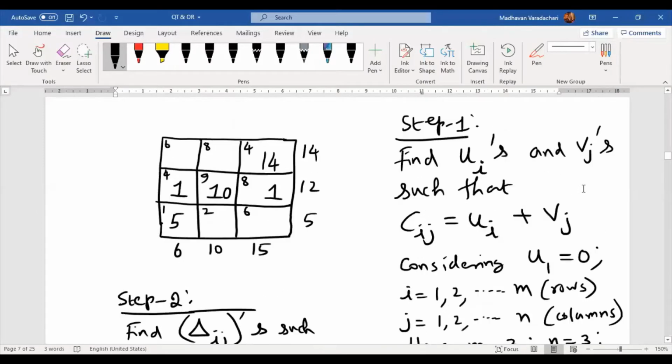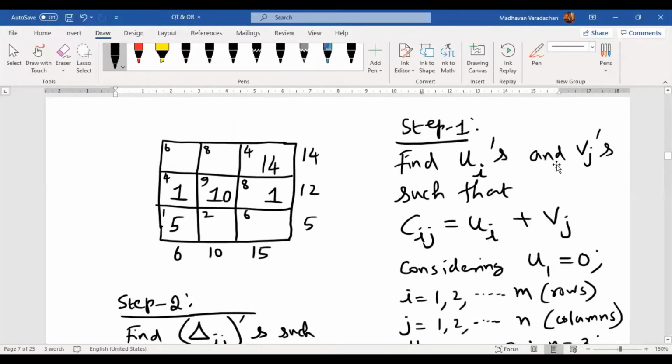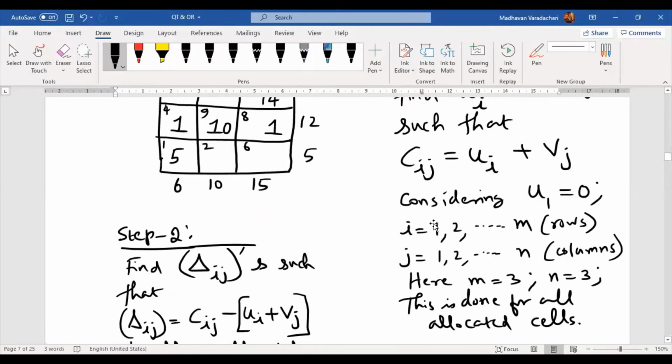Here they say find ui's and vj's, and i corresponds with rows, j corresponds with columns. For this problem the number of rows is 3 and the number of columns is also 3. That means ui will be u1, u2, u3, only 3 u's, and similarly v1, v2, v3, only 3 vj's.